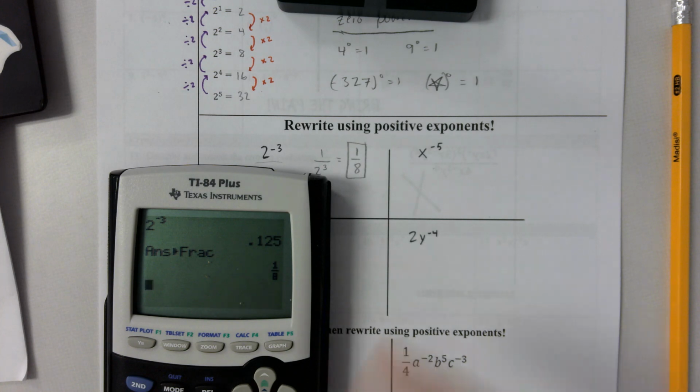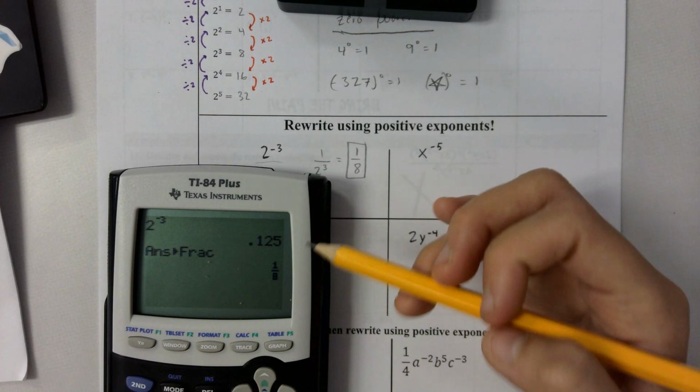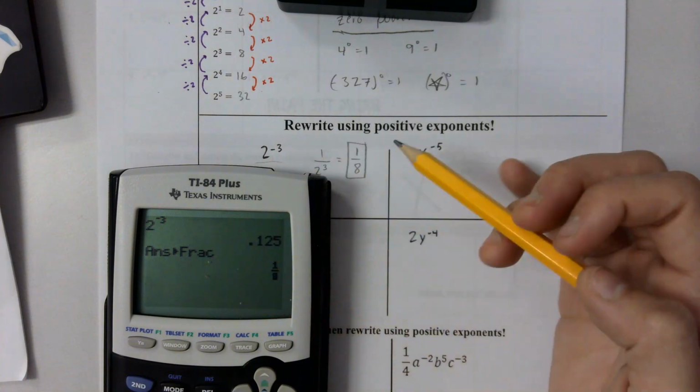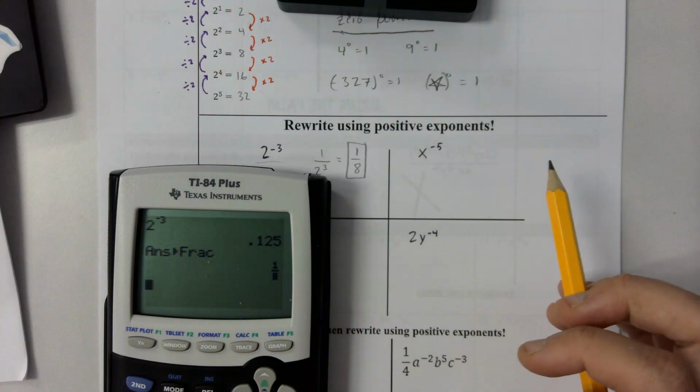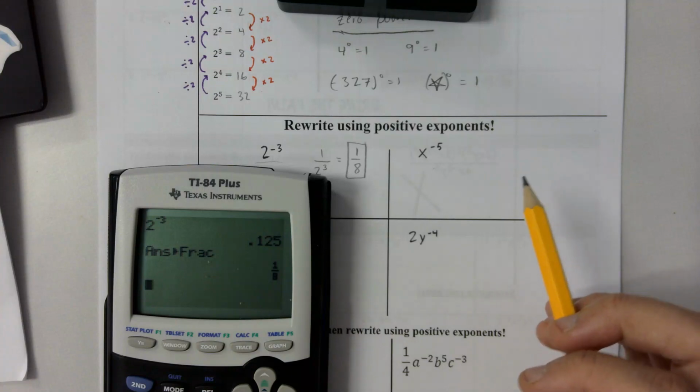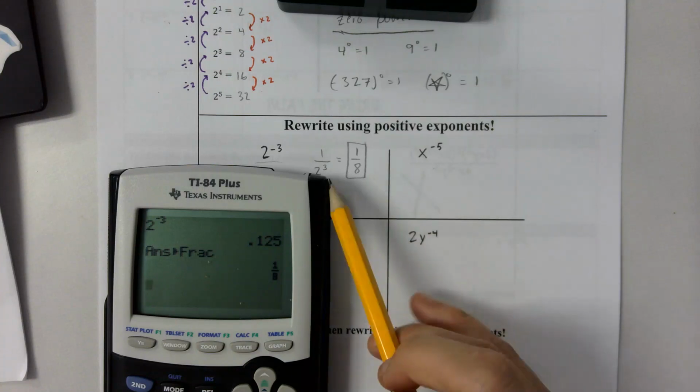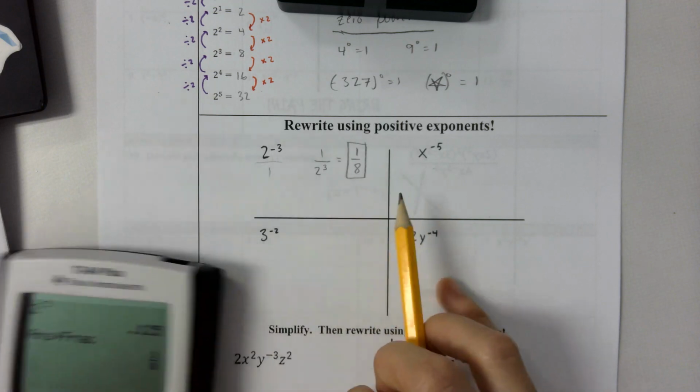So you should be able to do this in your head. You can check when there are numbers on your calculator. When we get to x's, you can't really check, but I'll show you a way that you can. But you want to learn the rule.